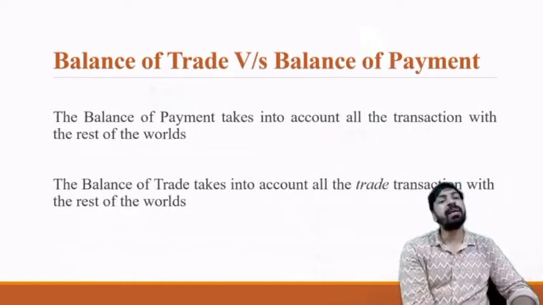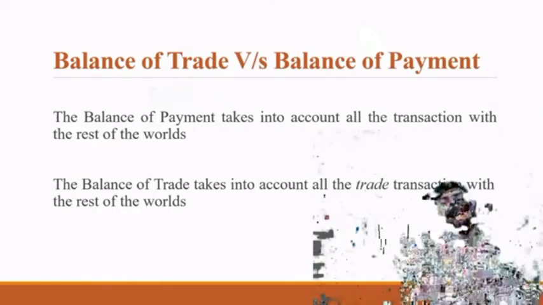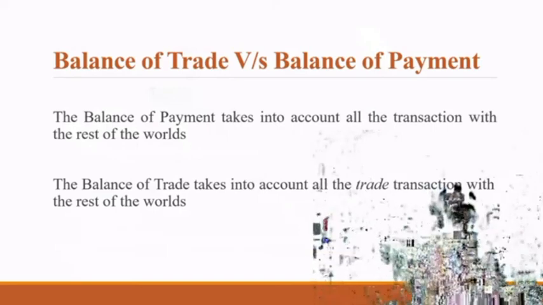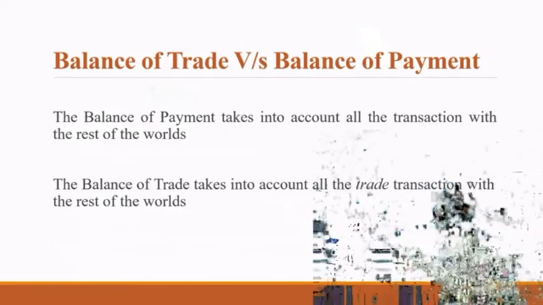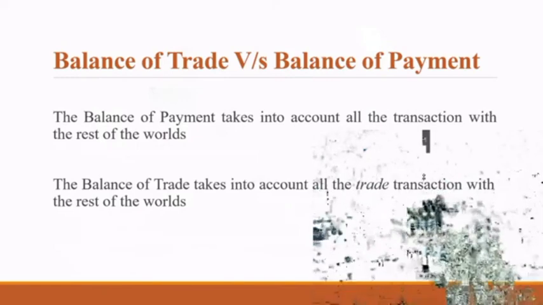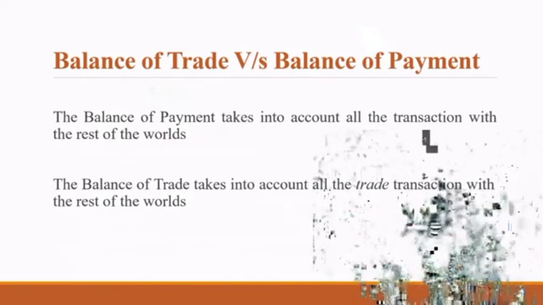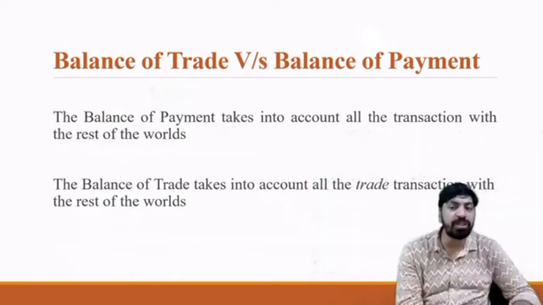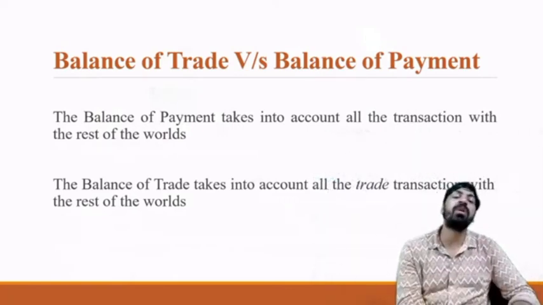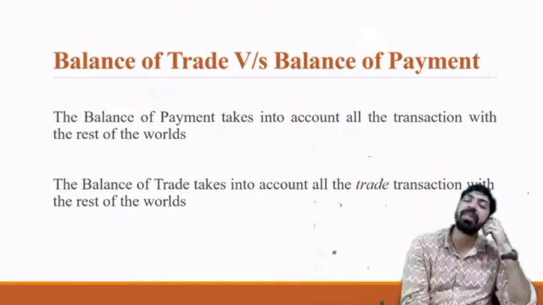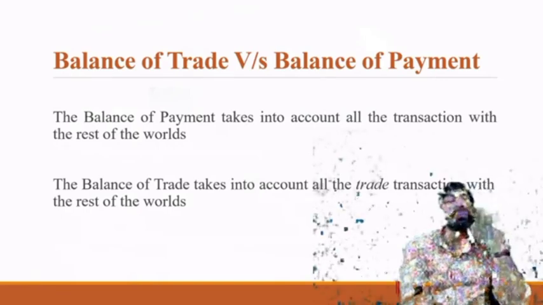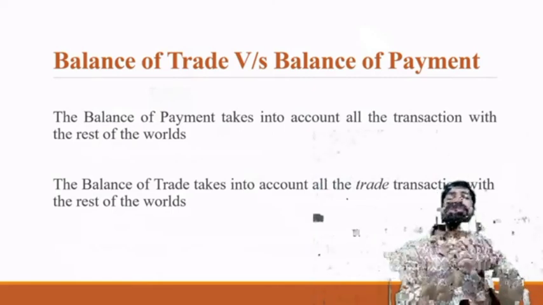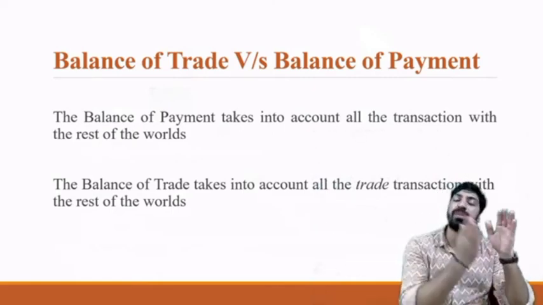The next concept is how you distinguish between the balance of trade and balance of payment. The balance of payment considers all the economic transactions with the rest of the world, including domestic as well as foreign. But the balance of trade is related to imports and exports only with the rest of the world.